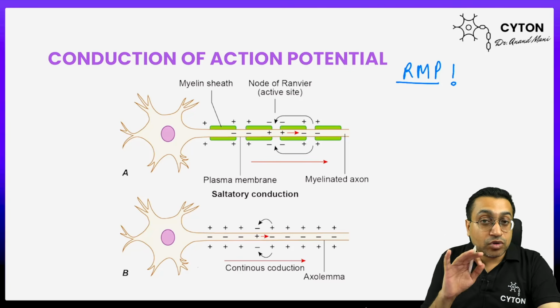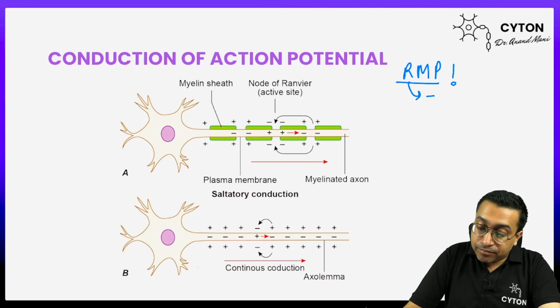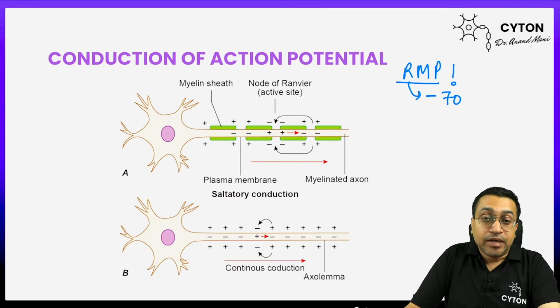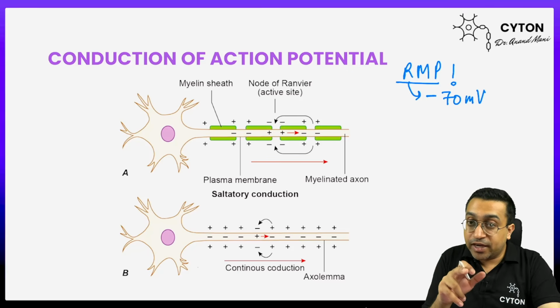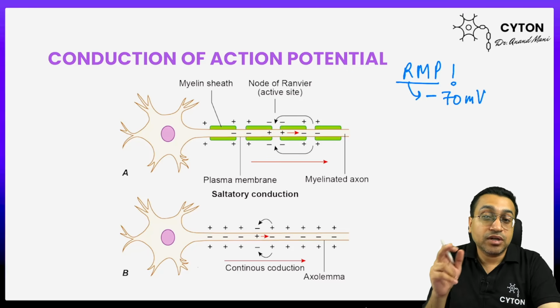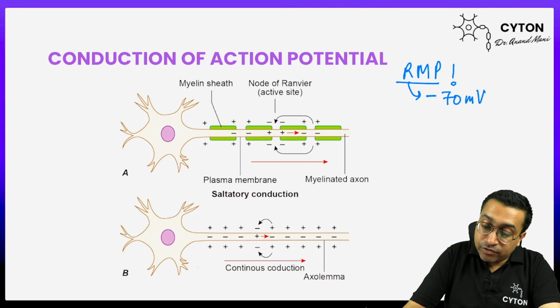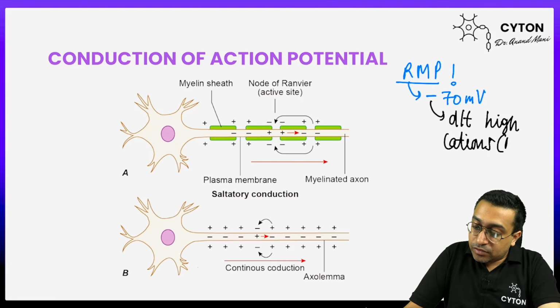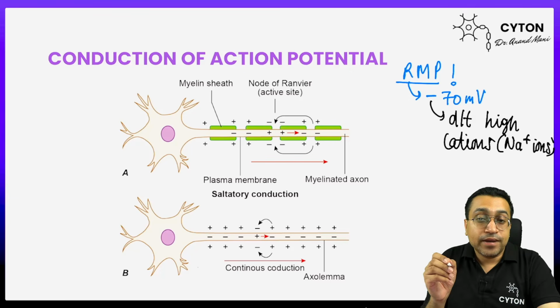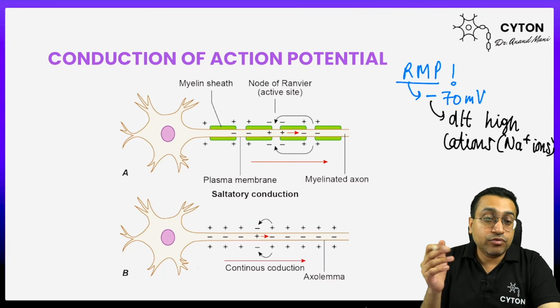Resting membrane potential is always negative, that is minus 70 millivolts. It is negative due to the high concentration of cations, that is Na plus ions, outside the nerve fibers in the extracellular fluid.